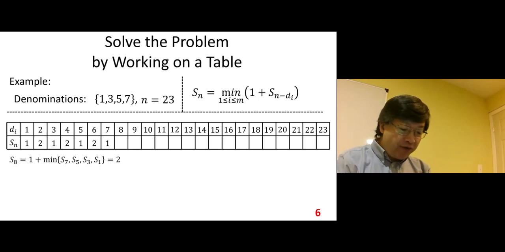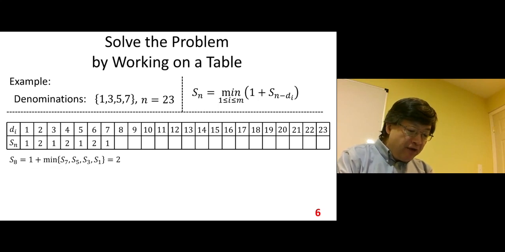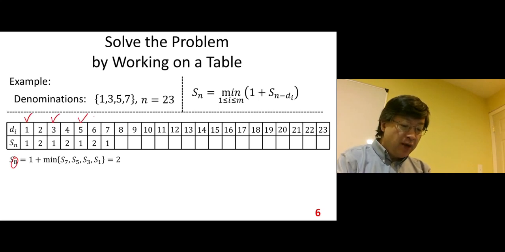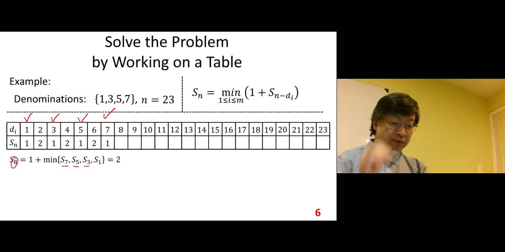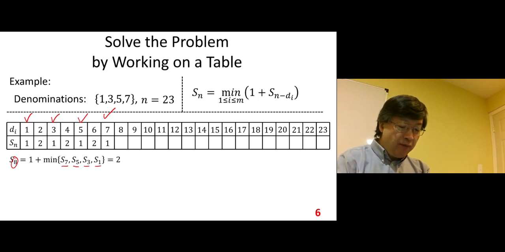The first one, S8, based on our formula, is 1 plus the minimum of S of 8 minus each denomination: minus 1 is S7, minus 3 is S5, minus 5 is S3, minus 7 is S1. Each of them is 1. So the minimum is 1, and 1 plus 1 is 2. So we get S8 equals 2.